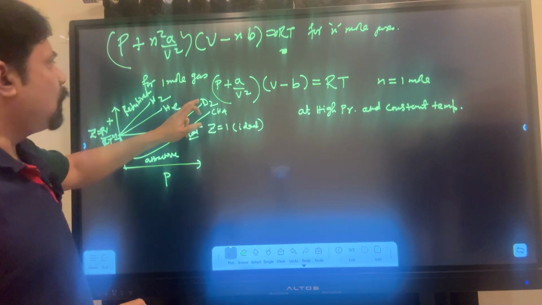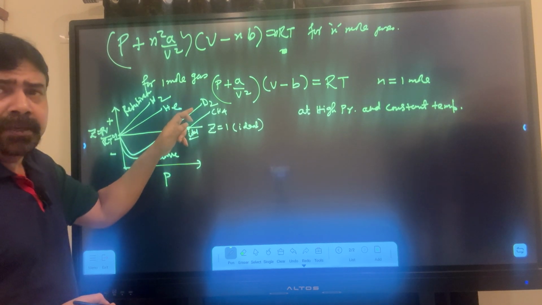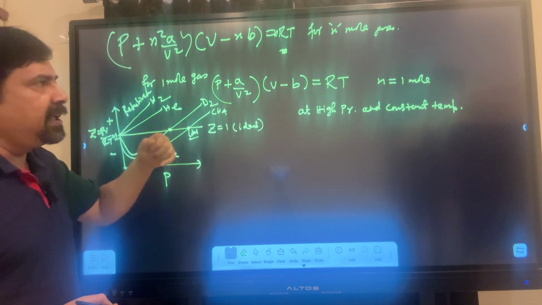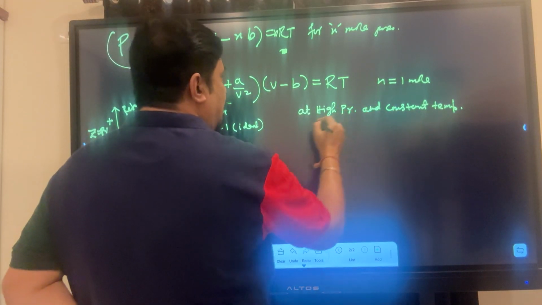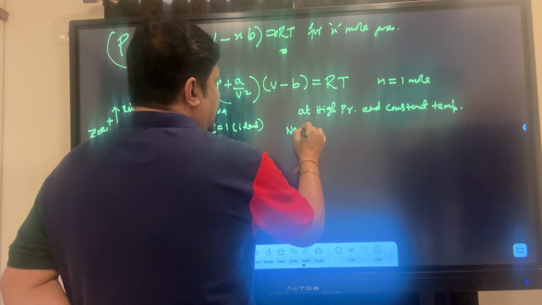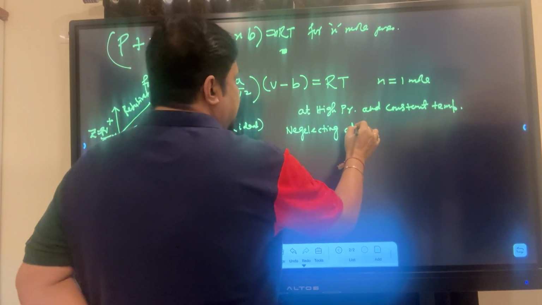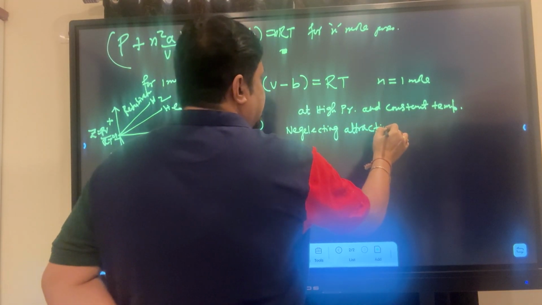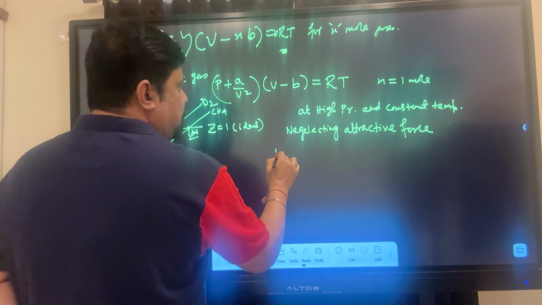High pressure means what force is dominant? Repulsive force is dominant, then I can neglect the attractive force. So at high pressure and constant temperature, neglecting the attractive force, what can we write for the Vanderwaals gas equation for 1 mole?